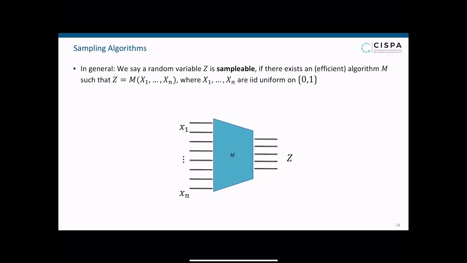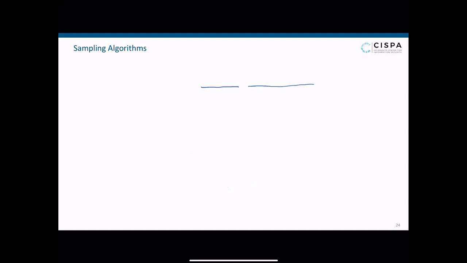So in general, we say that some random variable z is sampleable if there exists an efficient algorithm which takes as input IID uniform random coins x1 to xn and computes this z, right? So a sampling algorithm is really just a computer program or circuit. Think of your favorite model of computation, which takes uniform and independent random coins as input and does some computation on it.